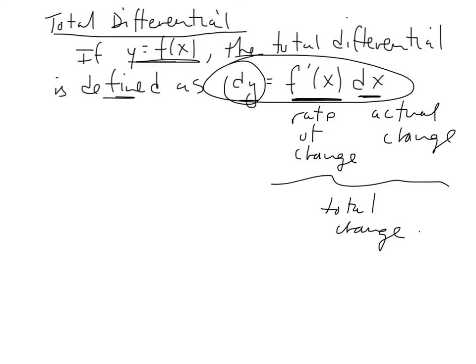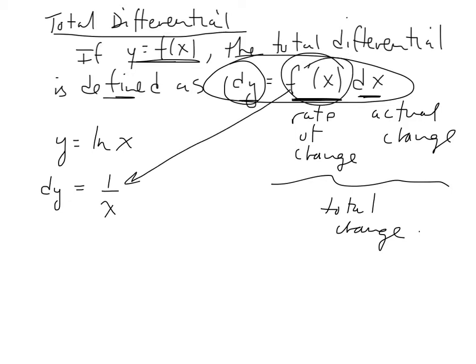Okay? If we apply this to a specific functional form, let's suppose that we have y equals log of x, and we want dy, the change in y that occurs when we allow x to change. This is going to be equal to 1 over x, that's f prime of x, times dx.